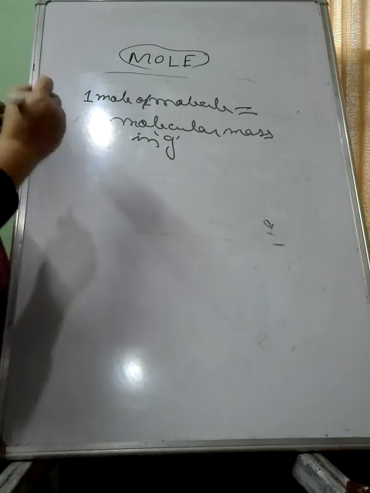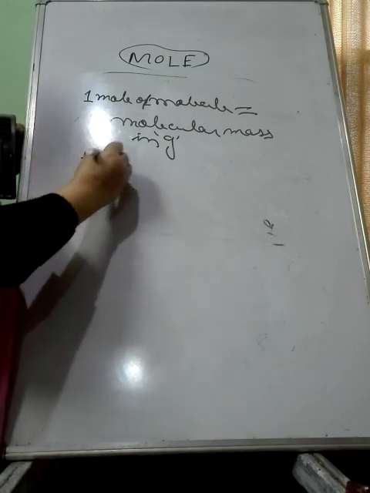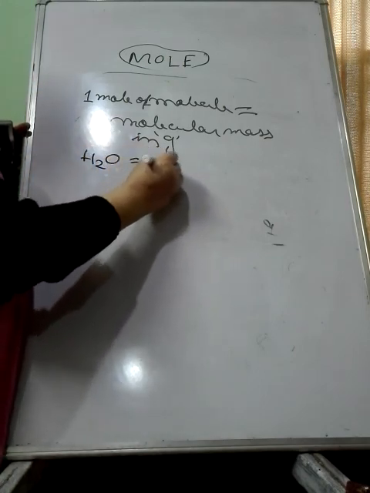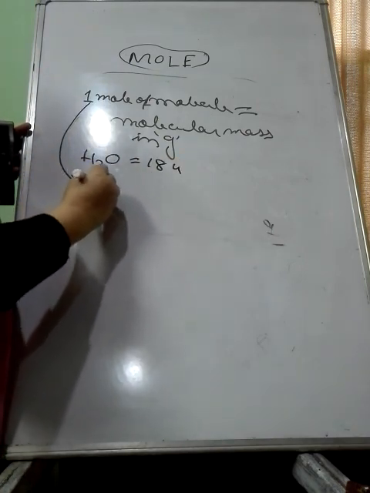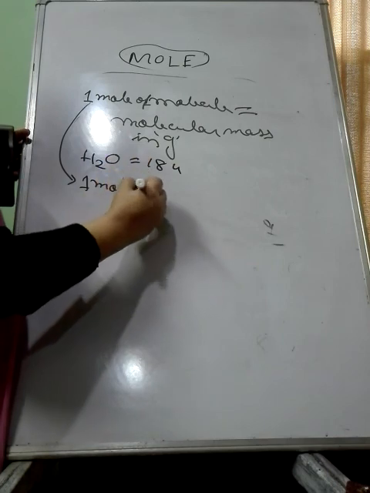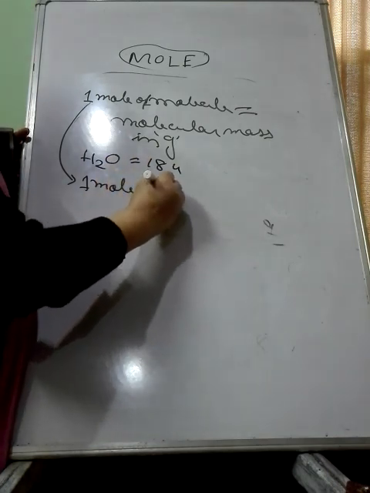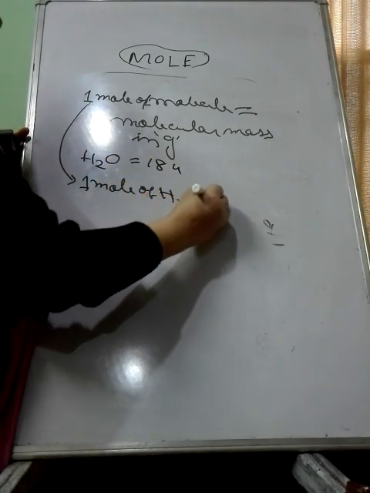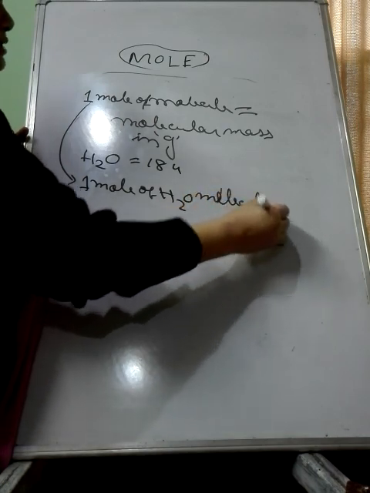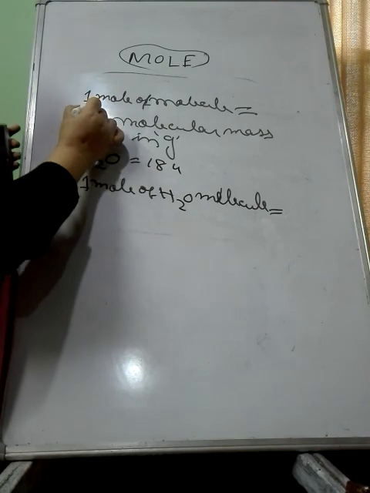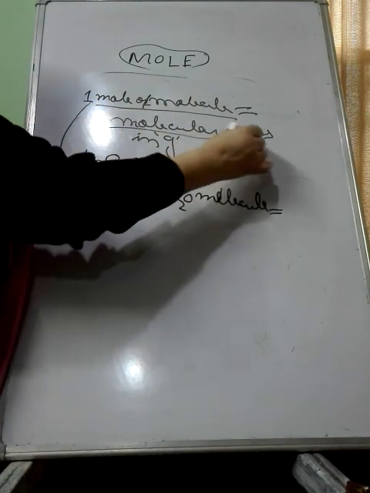As an example, suppose water. What is the molecular mass of water? 18 U. So from this, what will be the mass of 1 mole of water molecules? We have got 1 mole of molecule equal to molecular mass in gram.